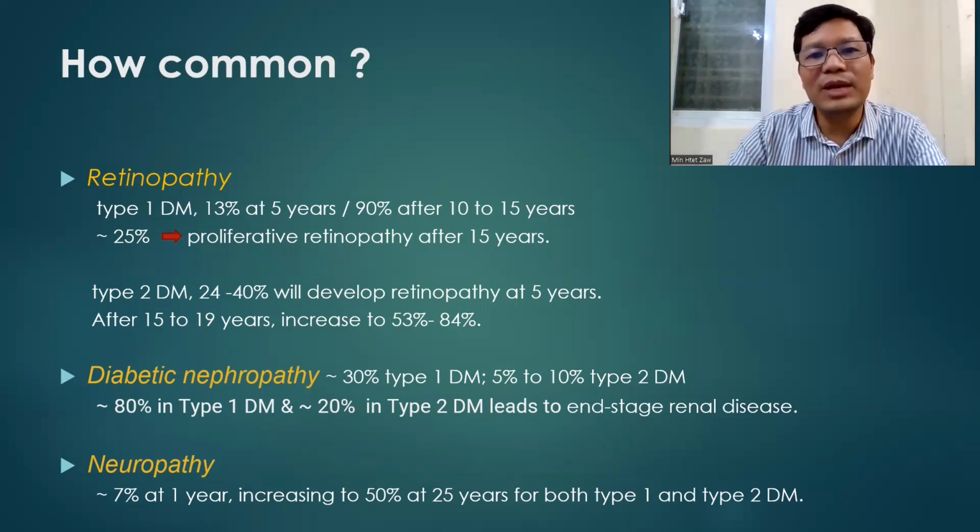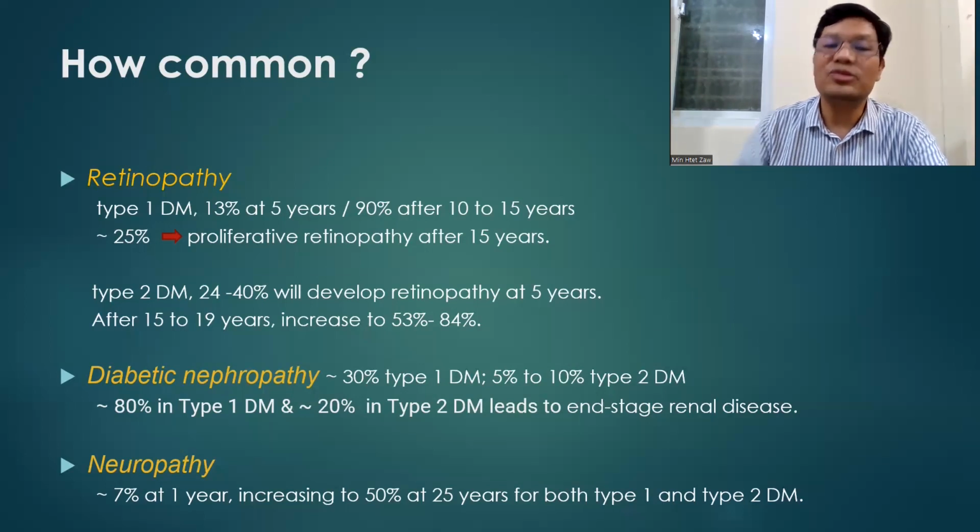And 25% of them will progress to proliferative retinopathy after 15 years. Regarding type 2 diabetes, 24%, that is about 1/4 of all the patients, to 40% will develop retinopathy at 5 years. After 15 to 19 years, that number can increase to 53 to 84%.